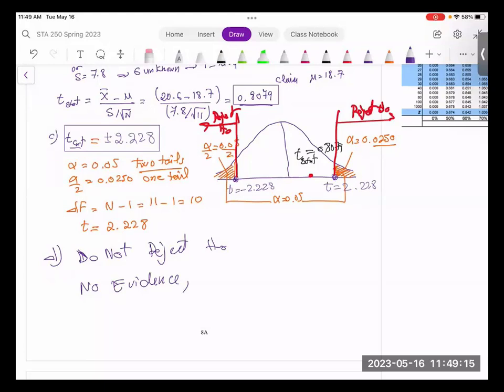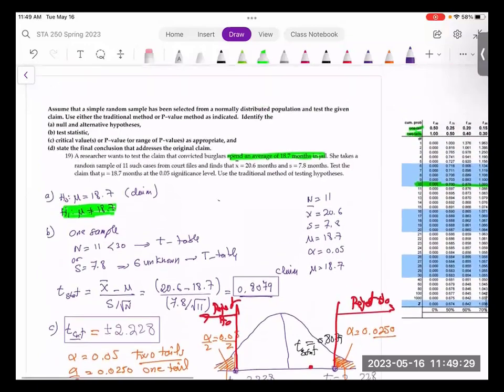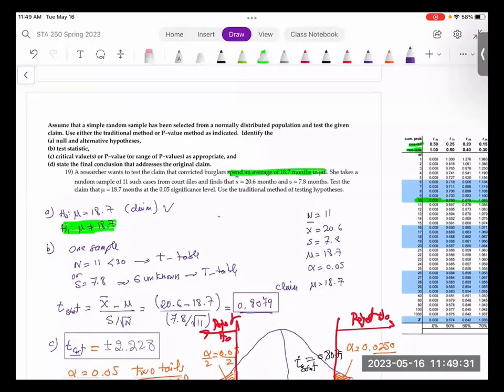Are we supporting the claim or not? You need to go back to the claim. All right. We did not reject. So which hypothesis we kept? H0 or H1? We did not reject. H0. We kept H0. So we are in favor of the claim. You got it?